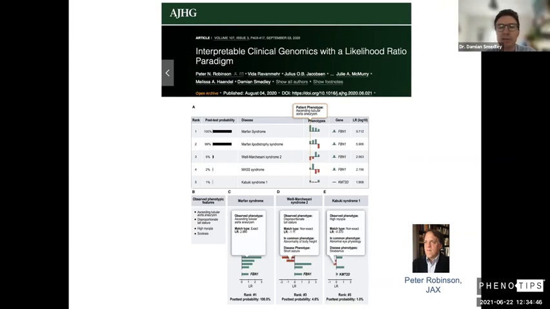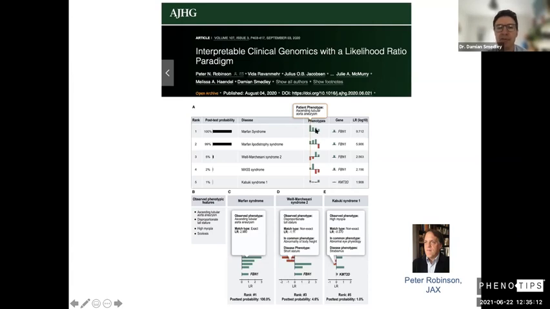So Lyrical works in quite a different way from Exomiser, and it uses likelihood ratios for each of the phenotypes that match or don't match and the genotype. And you can visualize these nicely on the output. So green bars above the 0 are supporting evidence, red bars below the 0 are non-supporting evidence.